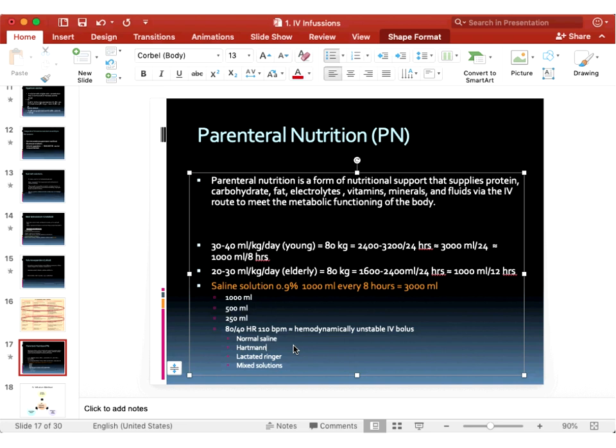You may infuse even 500 if you have an elderly patient, and you see if his vital signs correct. If not, you can infuse another IV bolus and see if it's corrected, because every patient responds differently. You have to be very careful on the amount of volume that you infuse.